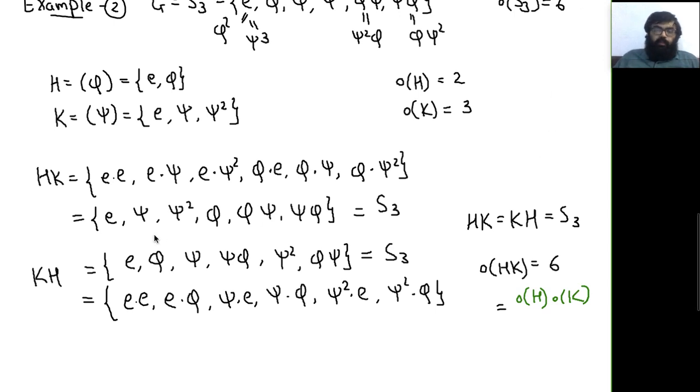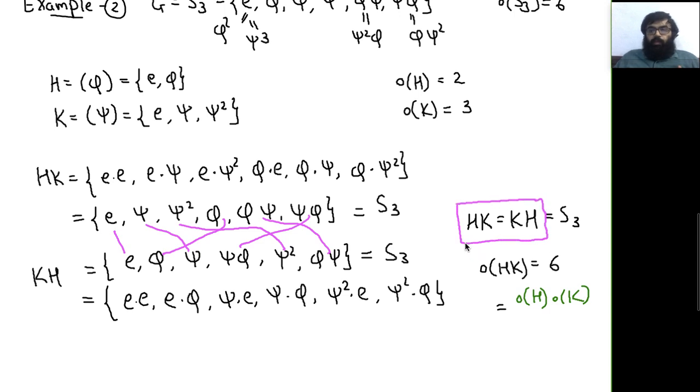As you can see, all elements are there: E, psi, psi square, phi, phi psi, and psi phi. So all elements, it is S3. So in this case, HK equals KH.